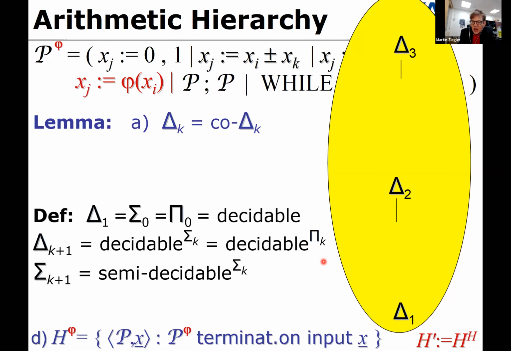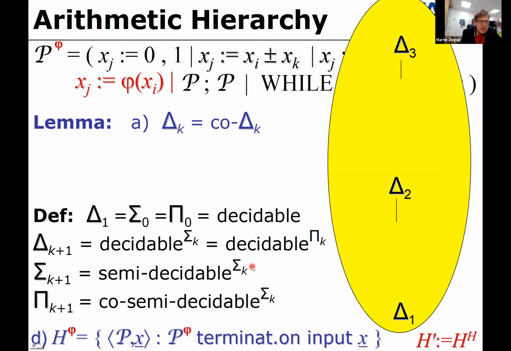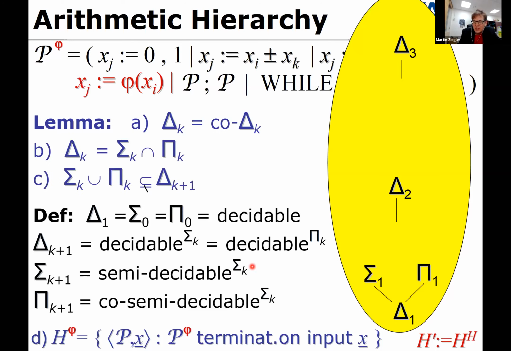And the hierarchy proceeds by considering problems that are semi-decidable when given oracle access to some undecidable problem, sigma k. And similarly, co-semi-decidable, these are the complements. So let me sketch the hierarchy. These are like the computable counterparts to NP, where one can guess and verify, and co-NP, the complements of NP.